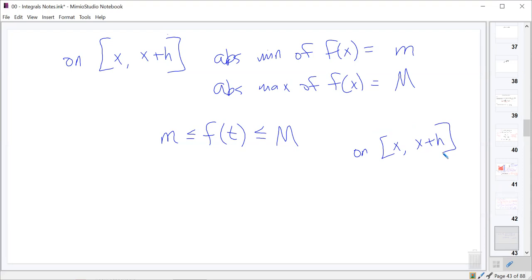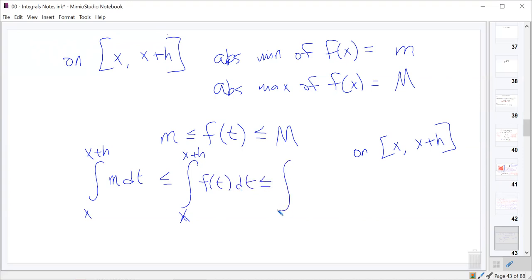Well, since f is a continuous function, continuous functions are integrable, which means you can take the integral. That means that the integral from x to x plus h of whatever that minimum value is must also be less than or equal to the integral from x to x plus h of f of t dt, which must be less than or equal to the integral from x to x plus h of that maximum value times dt.